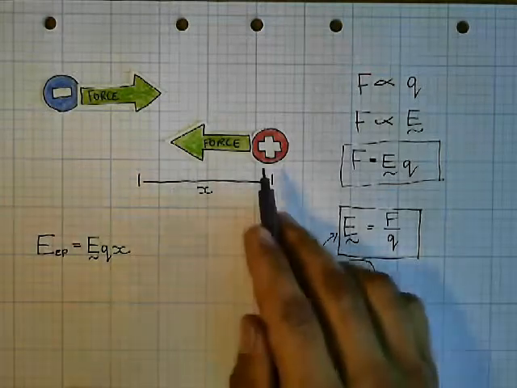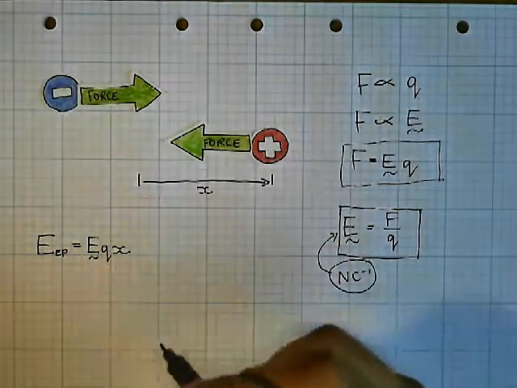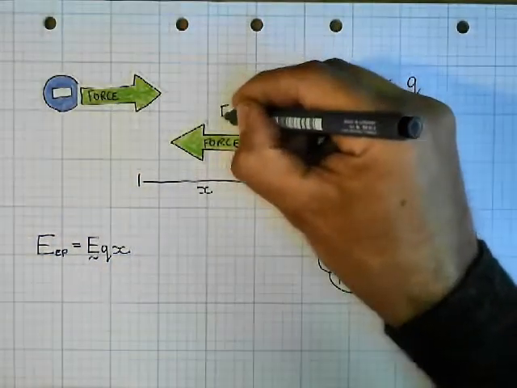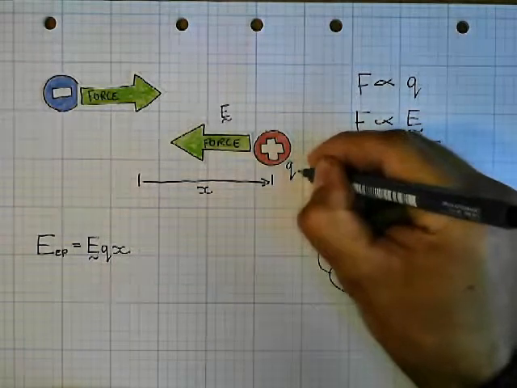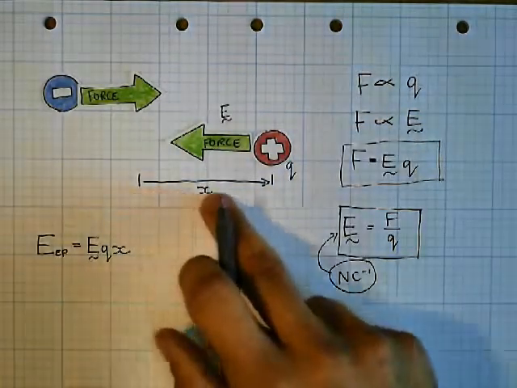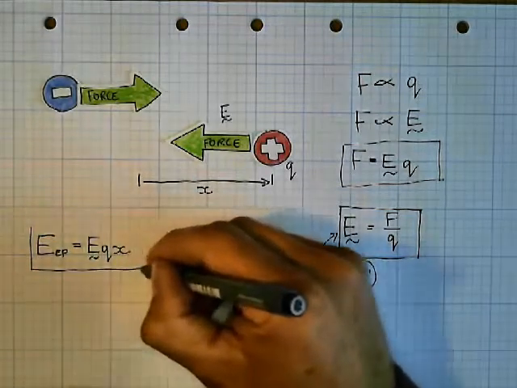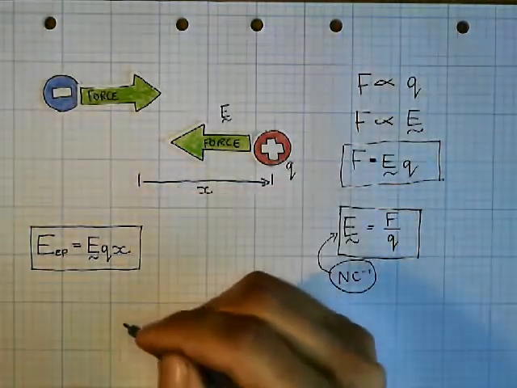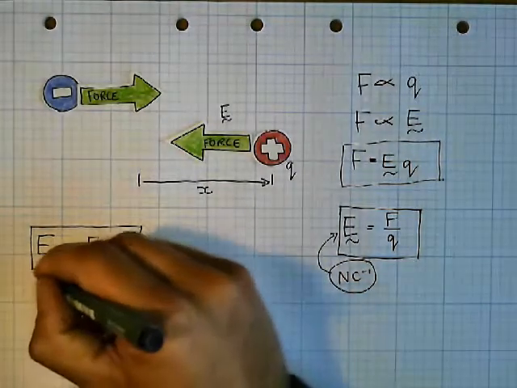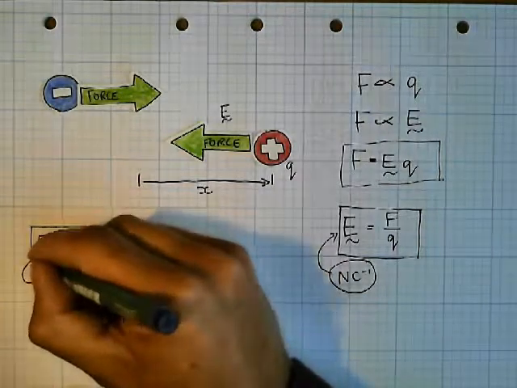So the electric potential energy stored in the electric field is equal to the electric field strength times the charge of the particle moved times the distance that that particle moved. And because electric potential energy is an energy, like all other energies, it is measured in joules.